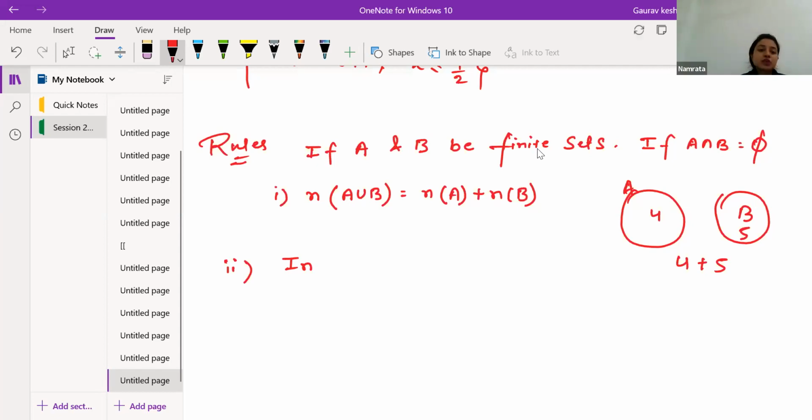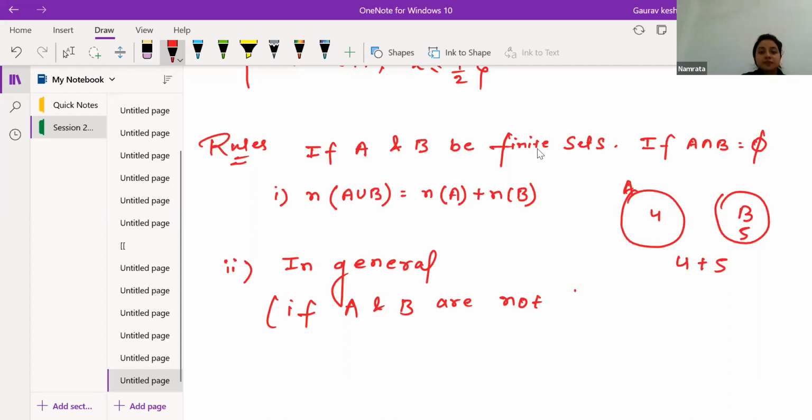So in general, if A and B are not disjoint, which means there can be something common.